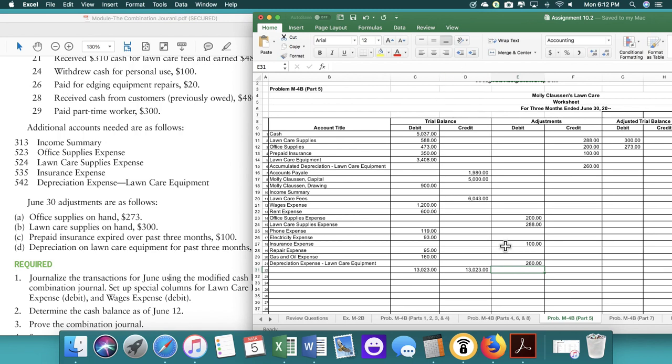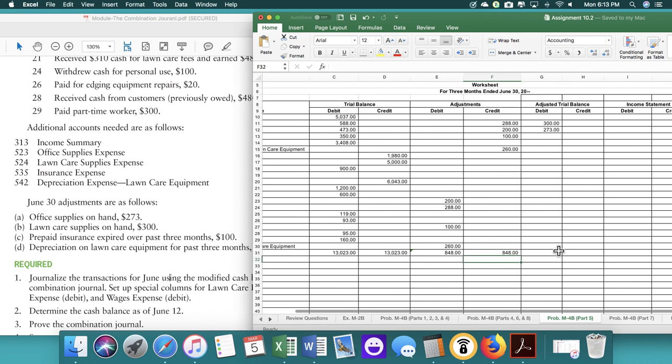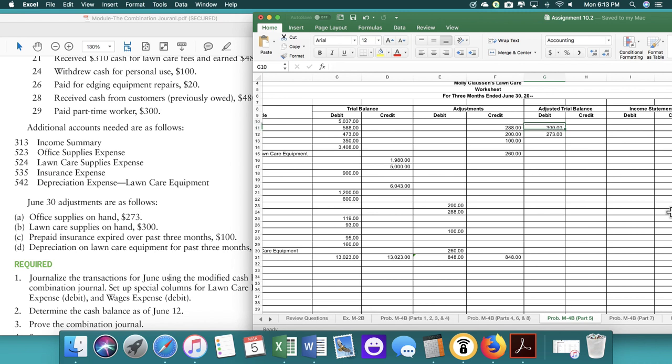Okay, and we're going to total the columns just to make sure that we stayed in balance. So I'm just copying the formulas. So far, so good. Now we're just going to transfer the amounts over. So 350 minus 100 is 250. So 3408.